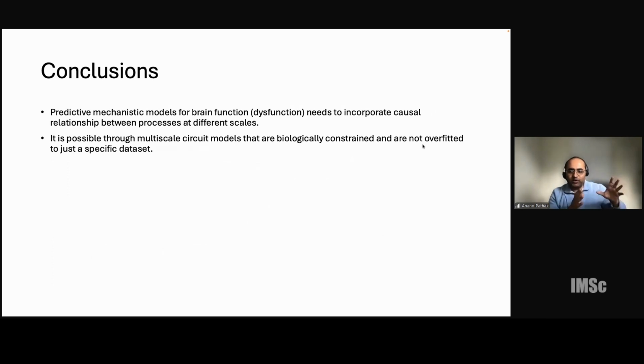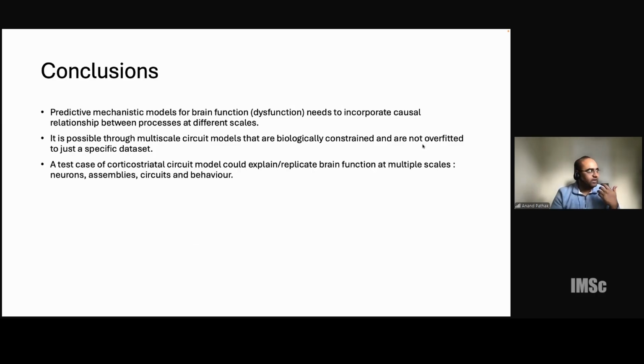What we did here was we did not try to do any machine learning or very high parameter fitting so that our model replicates the data. Very basic assumptions which we took about the synapses and the synaptic weights and the density, mostly from the literature, and most of the behavior emerged out of it.